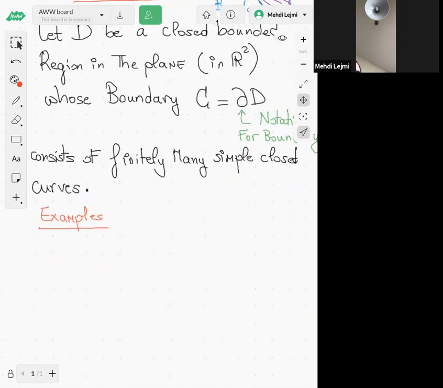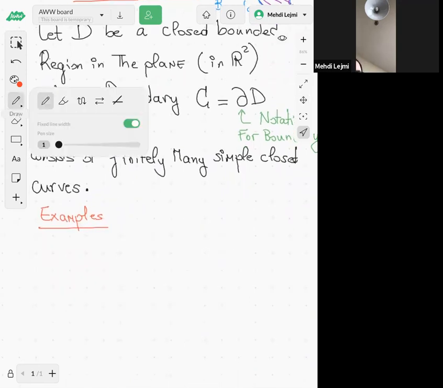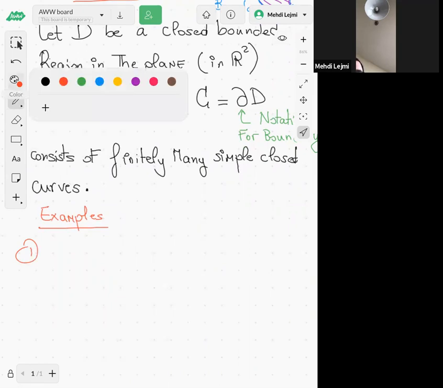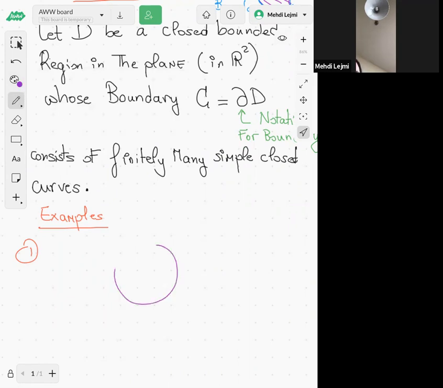So, for example, let's say you have the annulus. So this is your region D. D in this case is the annulus. What do I mean by the annulus?